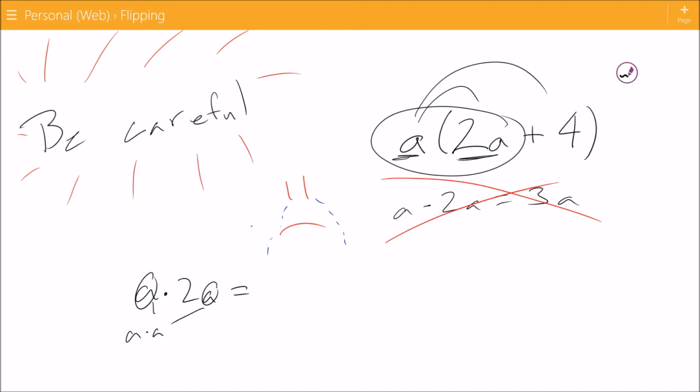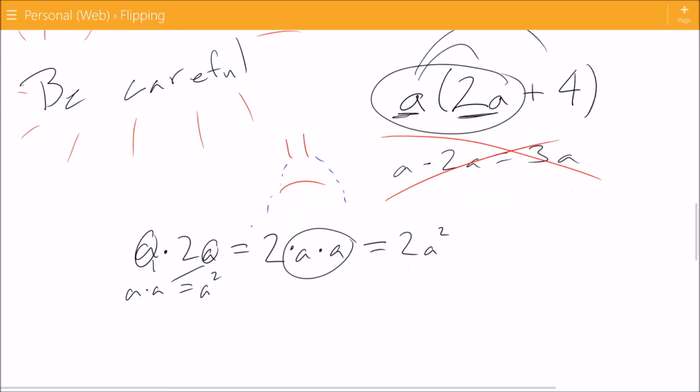A times a is equal to a squared, and then the 2 is going to be multiplied by that. Really what we've got here is 2 times a times a. I'm just changing the order of what we're multiplying, and a times a is a squared. So 2 times a squared. It is not adding them together because we're multiplying the variables here.